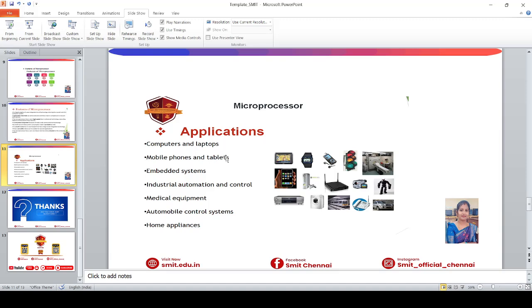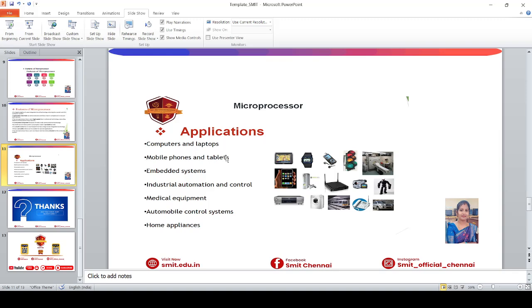In our car there is an airbag, and the microprocessor is used to control it. Not only the airbag, but also engine control, GPS, and all those things use the microprocessor. Next one is home appliances. We can use it in a washing machine, and nowadays even our fan uses a microprocessor, right? So these are the applications of the microprocessor.